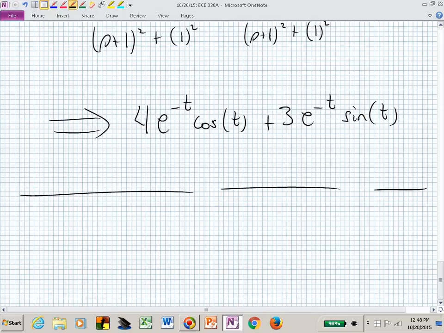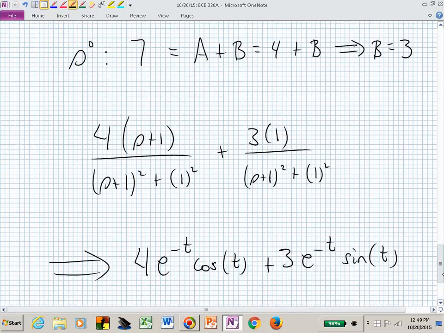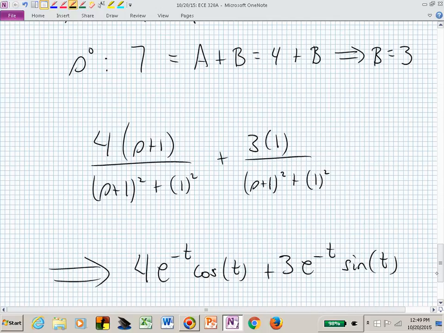Yes? Is the e to the minus t that 1 from the s plus 1 squared? That's why I said this was not a very good example. The question was, where are all these 1's coming from? This 1 is sitting right there, and this 1, in blue, is sitting right there.